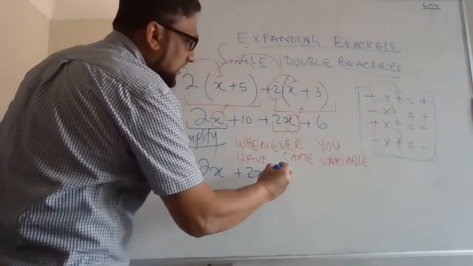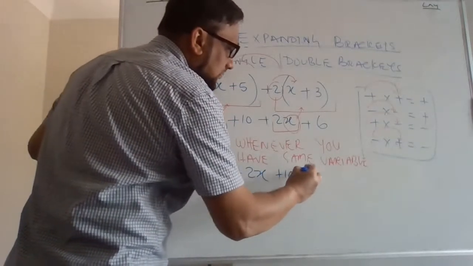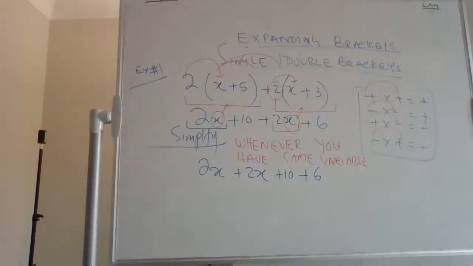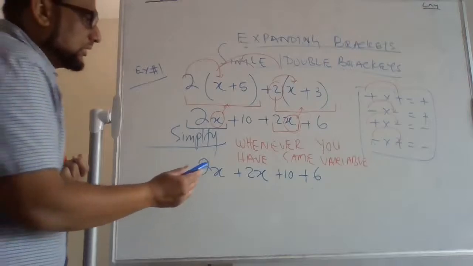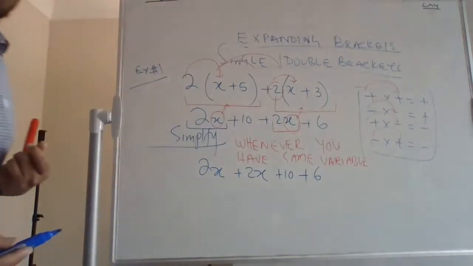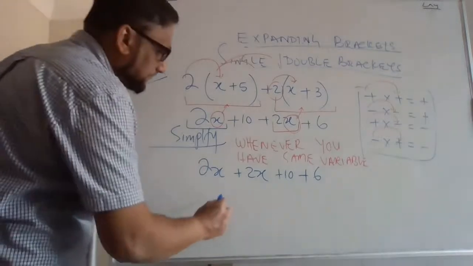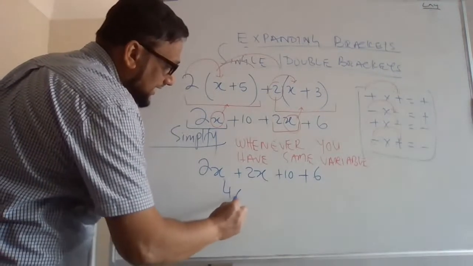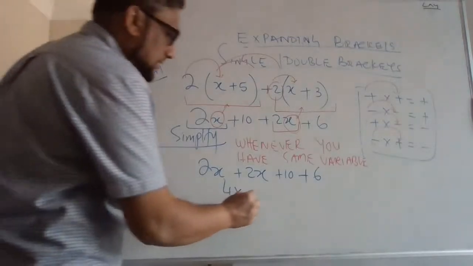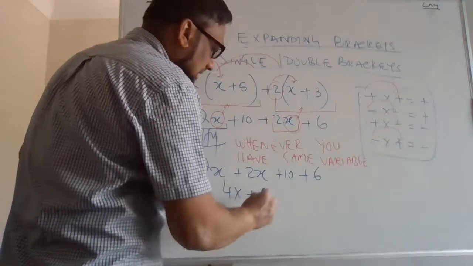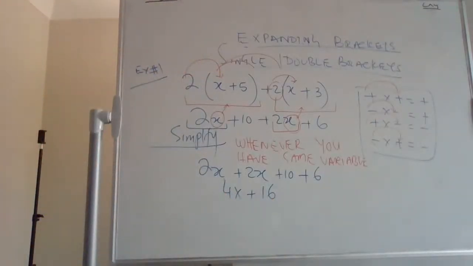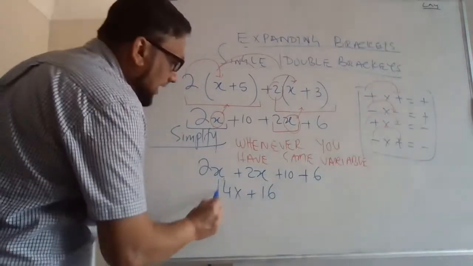So this is plus 10 and this is plus 6. Now 2x plus 2x is 4x, and 10 plus 6 is 16. So this is your final answer.